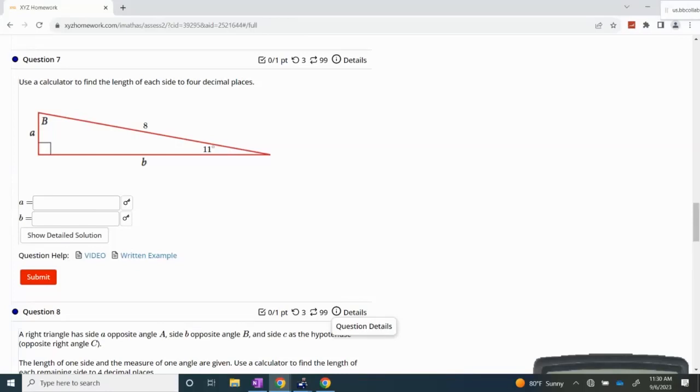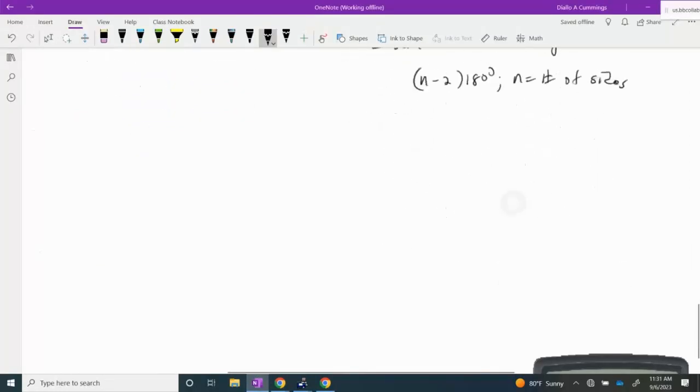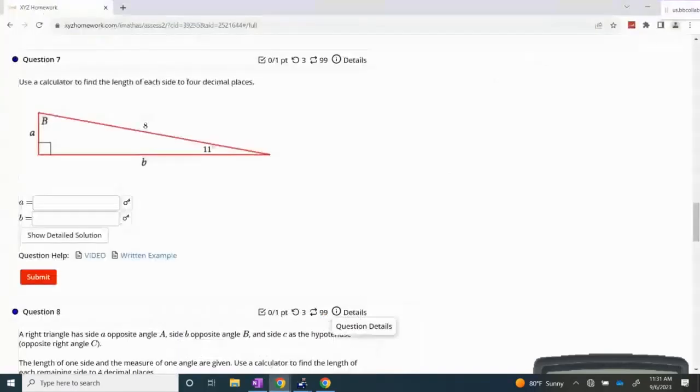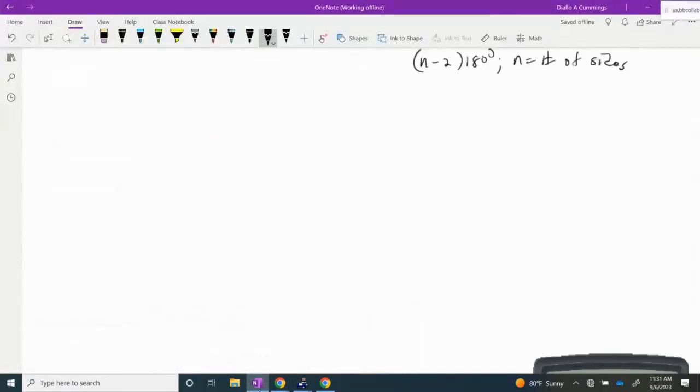So I'm going to actually map this out, because I'm going to have to draw on this. This is number 7. That's my 90-degree angle.